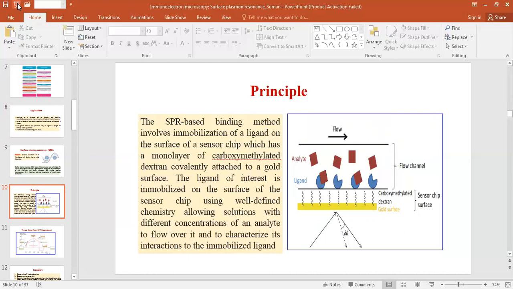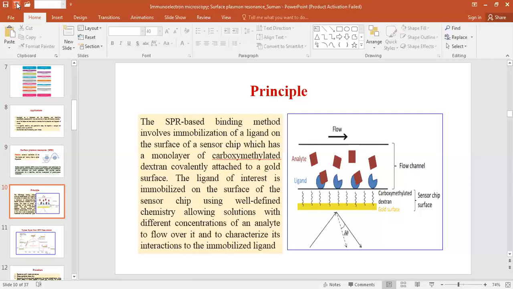The ligand of interest is immobilized on the surface of the sensor chip using well-defined chemistry, allowing solutions with different concentrations of an analyte to flow over it and to characterize its interaction to the immobilized ligand.